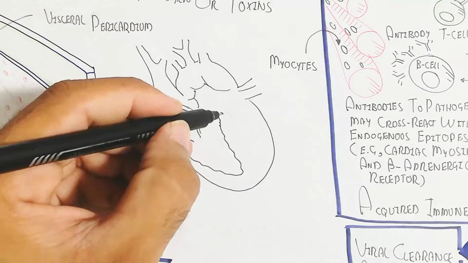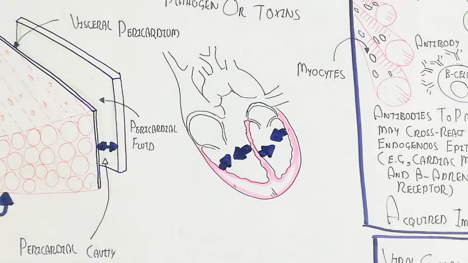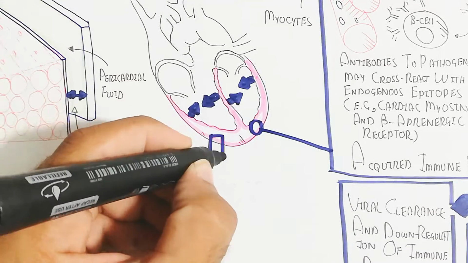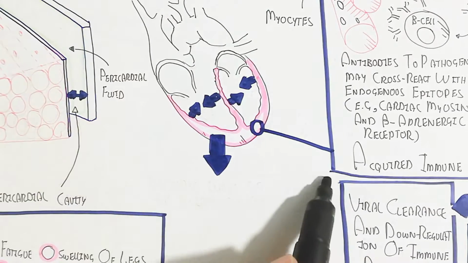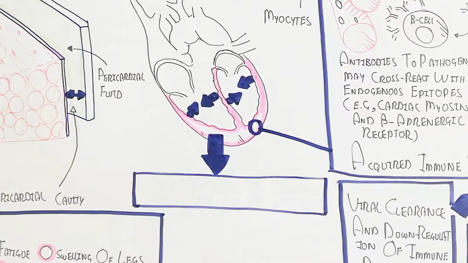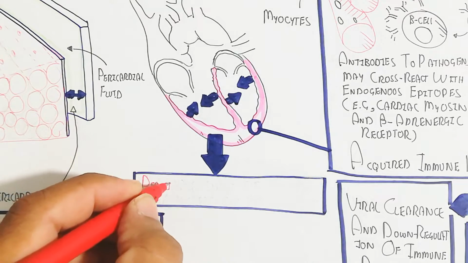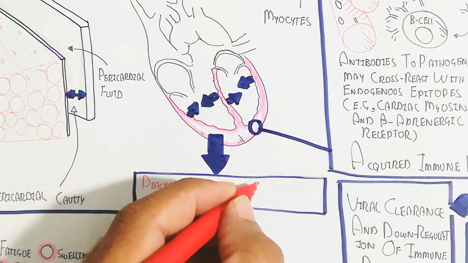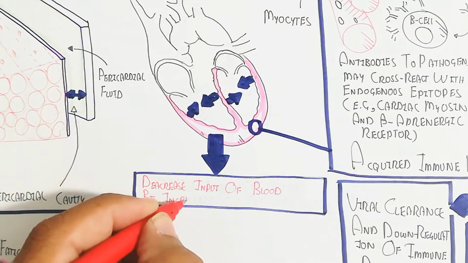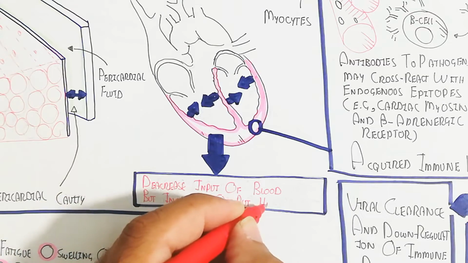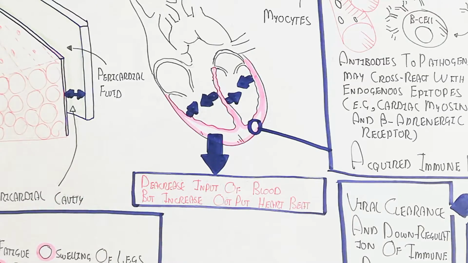And in this way, the heart will have a swollen myocardium. The swelling of the myocardium will lead to decreased input of blood, but increased output, heart rate, and heartbeat. The increased heartbeat will lead to arrhythmias, and to incomplete ejection of the blood and incomplete input of blood.